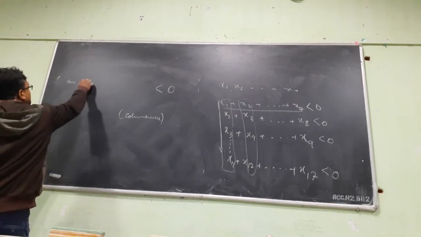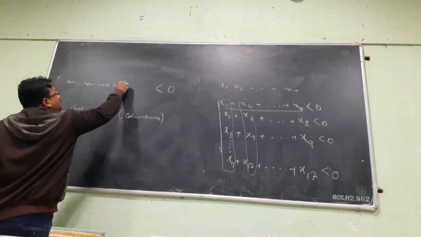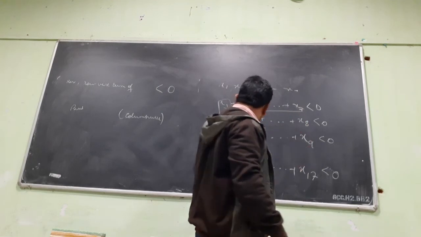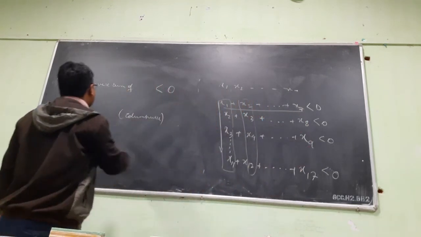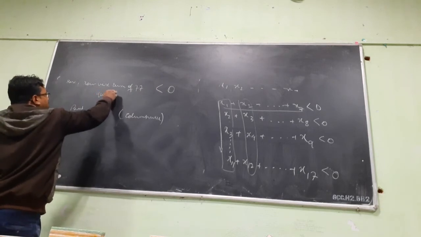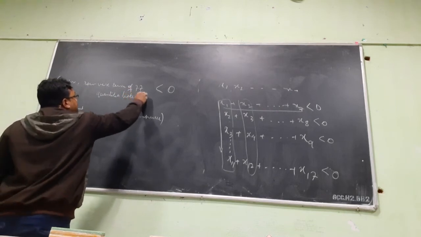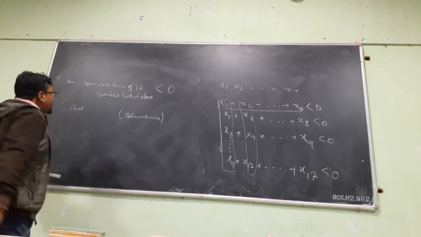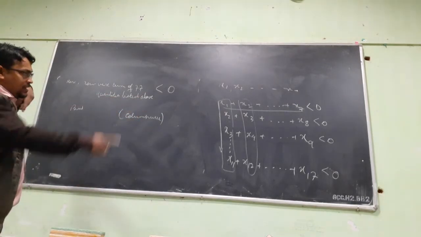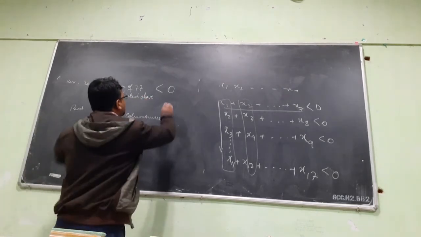Row wise sum of how many numbers are there? 7 into 11, 77. There are actually 77 quantities listed above. That's a proper way of writing. Row wise sum of these 77 quantities which are listed. So there are computations, no problem. So this sum of 77 quantities listed above is negative.